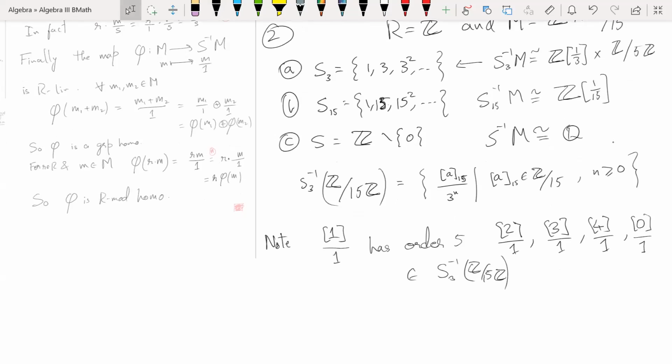And then I want to show that any number, so of course 5 over 1 is the same as 0 over 1. That is also clear because you just multiply it by 3. Yeah. So now we want to say that every element is equal to one of these. So now let's say A over 3 power n is an element of S3 inverse Z mod 15.